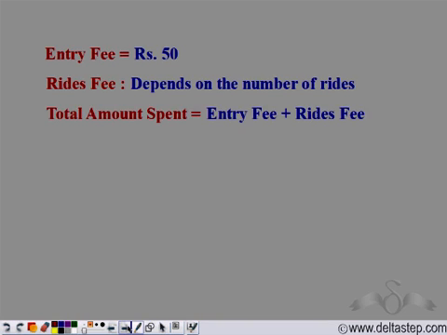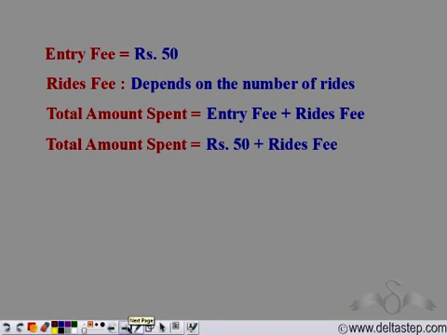So the total amount you spend on your visit to the amusement park is entry fee plus rides fee. So that becomes rupees 50 plus rides fee. Now this entry fee here is fixed. As soon as you enter the park, you have to pay this fixed amount. So it is a constant.